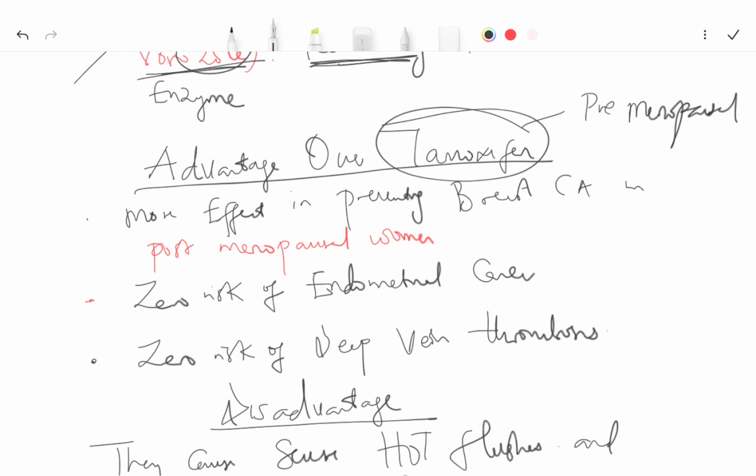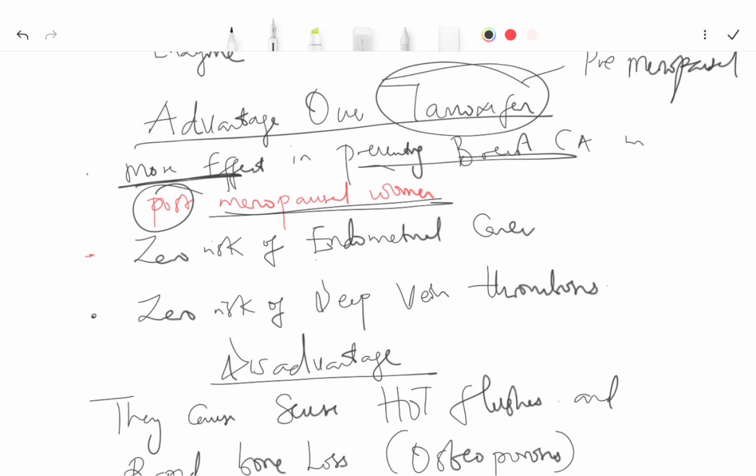So in that case we need to inhibit the enzyme. That's why these aromatase inhibitors are more effective in preventing breast cancer in postmenopausal women. Postmenopausal women are no longer producing estrogen from the ovary. Rather, they are using androgens and adrenal corticoid hormones, so we inhibit the synthesis of those hormones. That's why we give them aromatase inhibitors like letrozole.